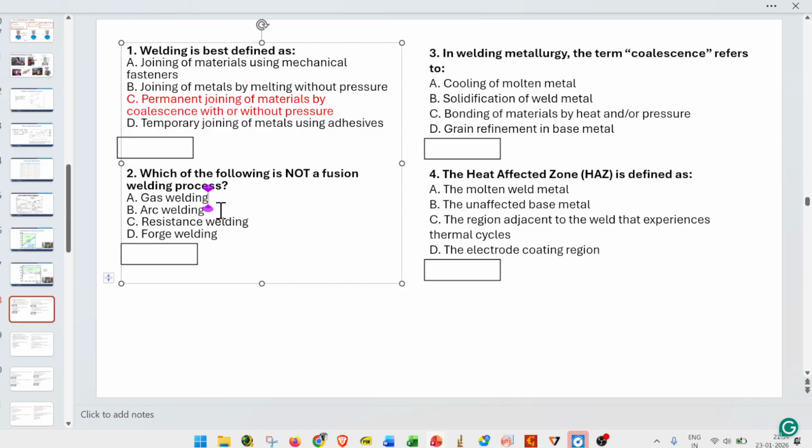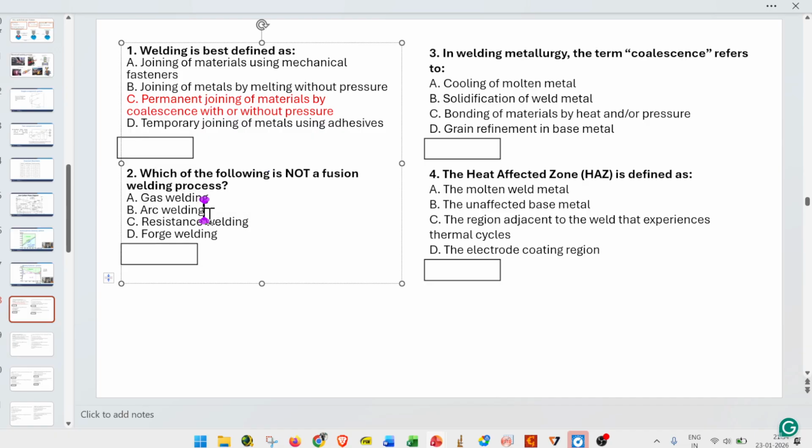Next, arc welding. In arc welding we use the electric potential between two power supply portions, the electrode and the workpiece, so that will generate the arc, and the arc will generate the heat.